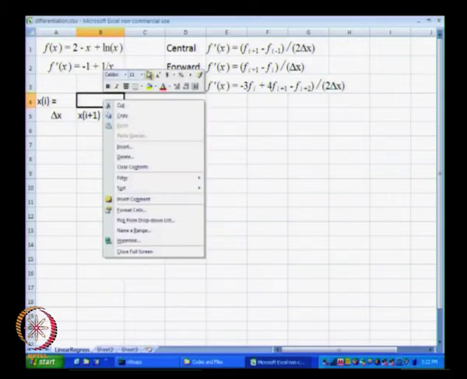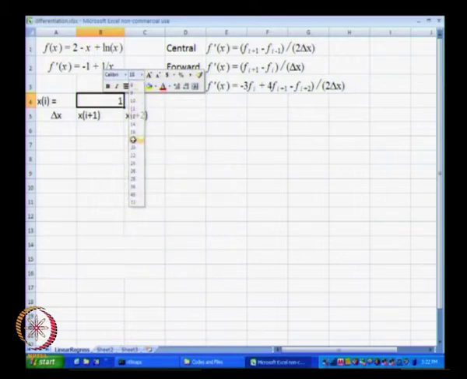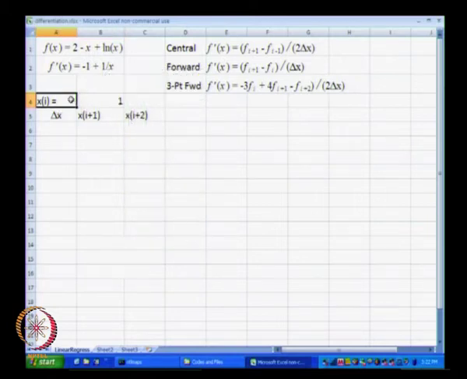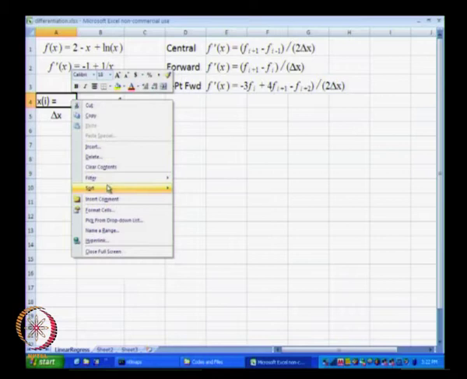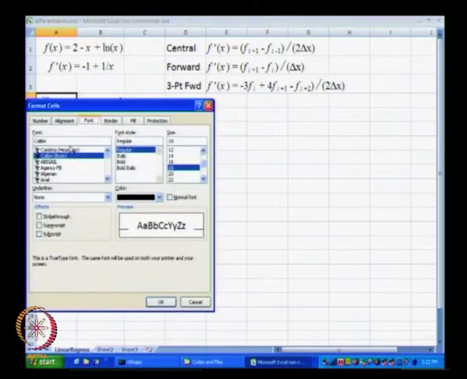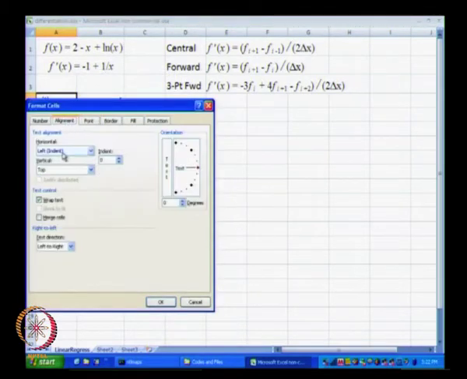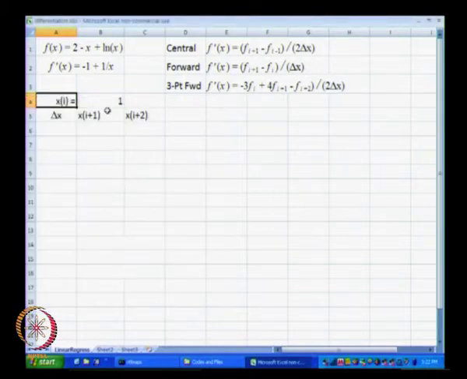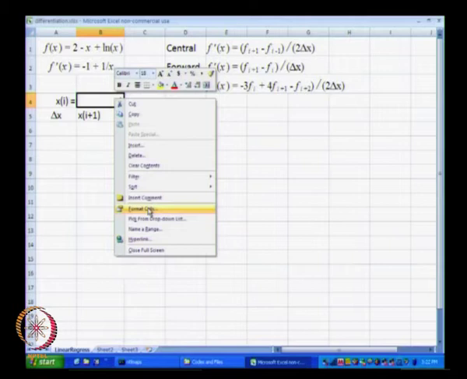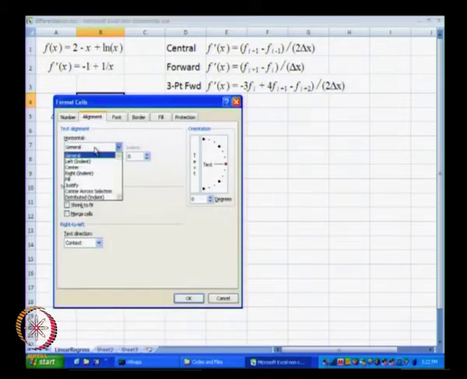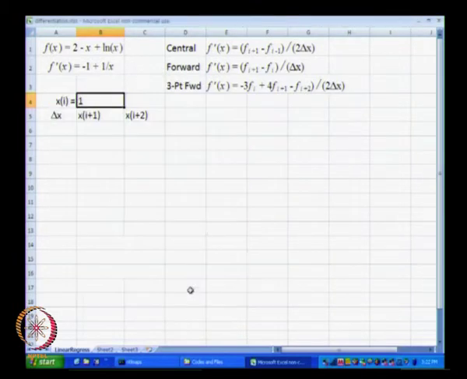I will just increase the font size over here. So xi is chosen to be equal to 1, and we will format it so that it looks better.